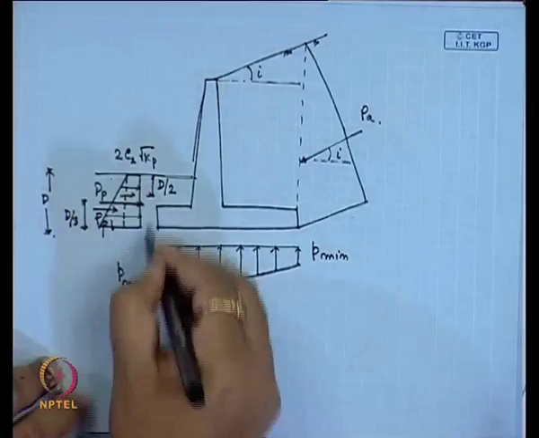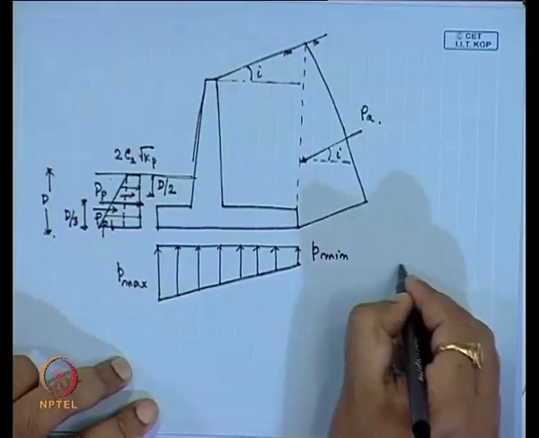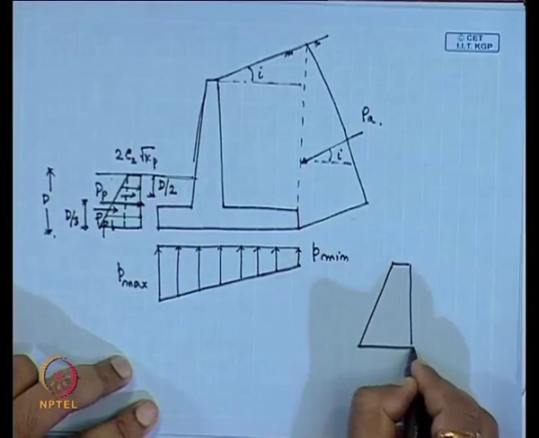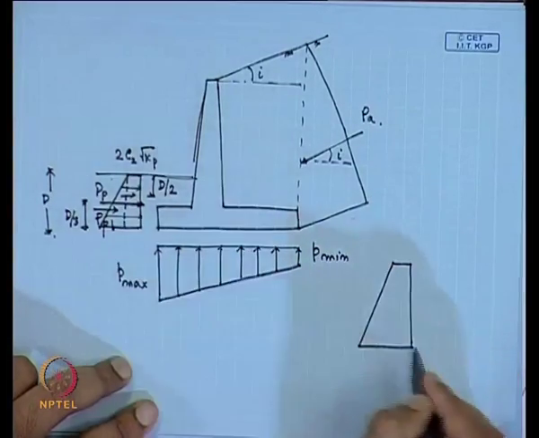So now, if I draw this stress again, this is the passive force distribution for this portion.